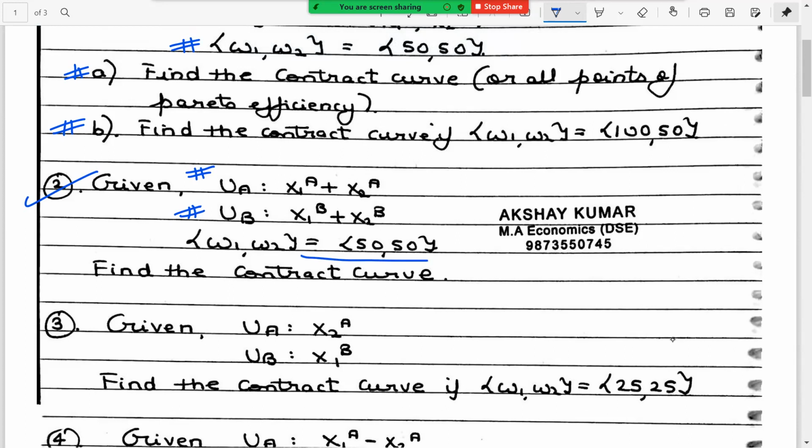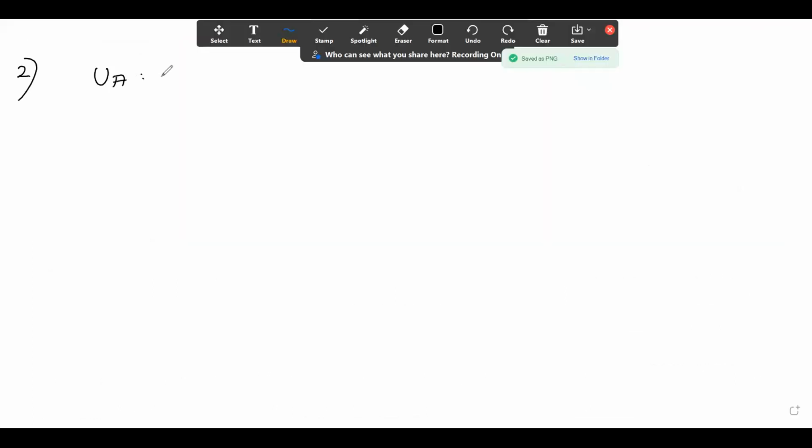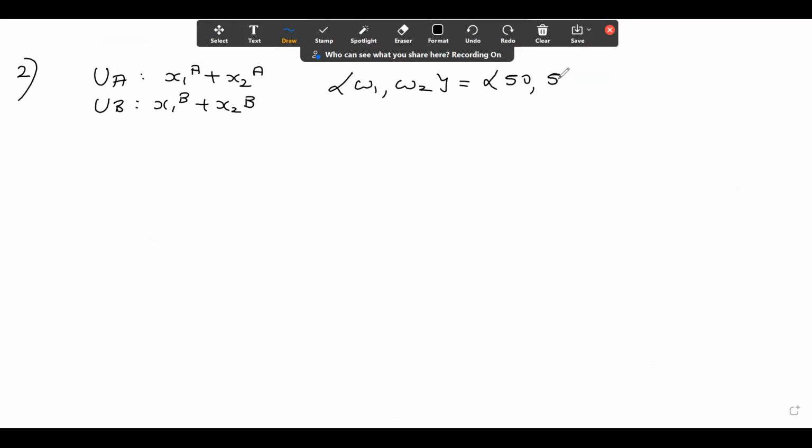If I quickly come to the whiteboard, this is a very easy one actually. Question 2. Utility of A is x1a plus x2a. Utility of B is x1b plus x2b. My omega 1, omega 2 is 50, 50. If I quickly draw the Edgeworth box, utility of A is x1a plus x2a, perfect substitutes.